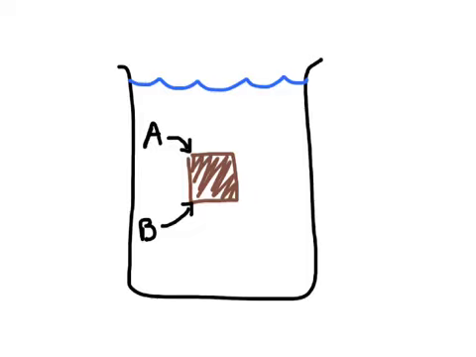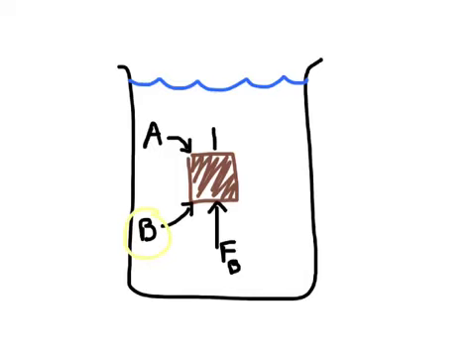You can give yourself a big pat on the back, because B is lower and deeper, so there's going to be more force. If I were to draw the force arrows, we have a larger arrow coming up from the bottom because you have more pressure, more force on the bottom.